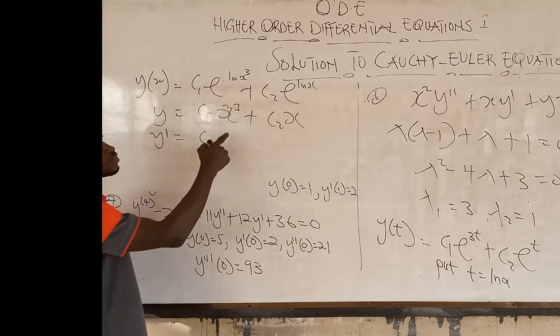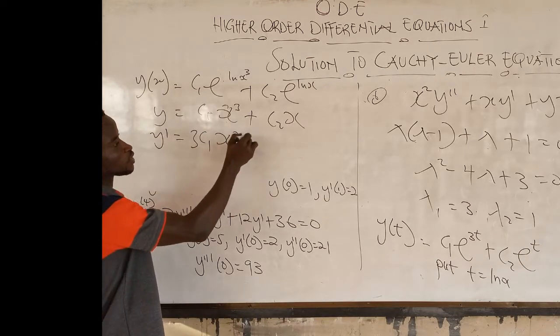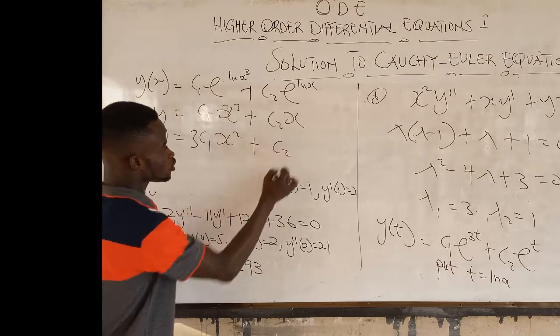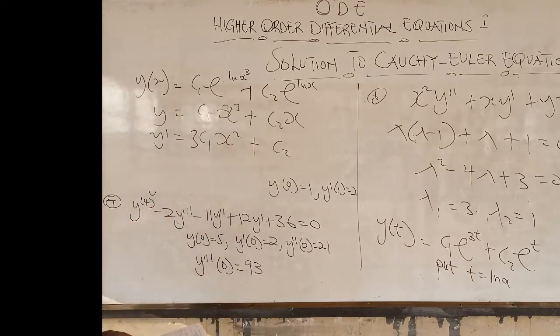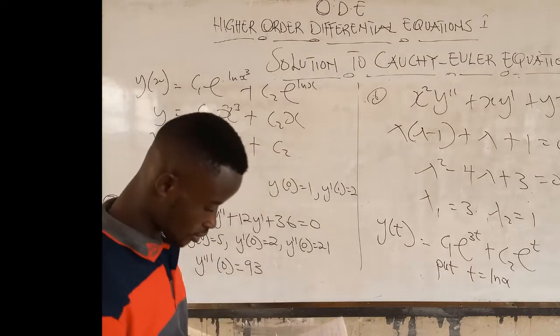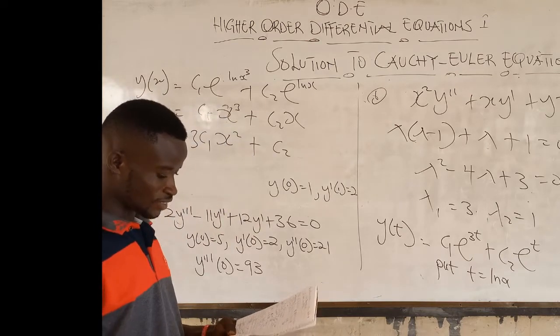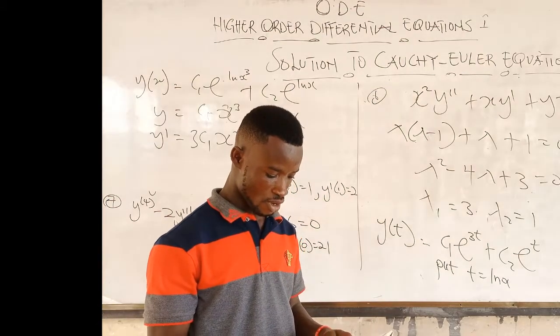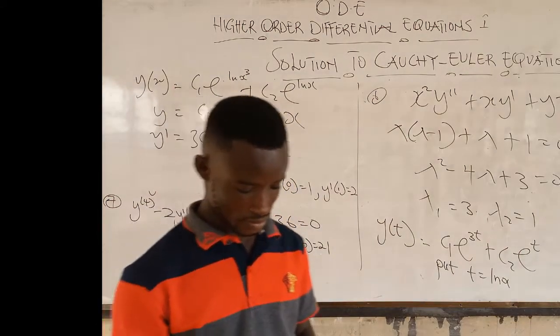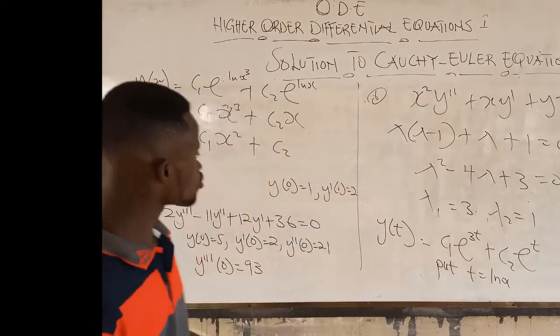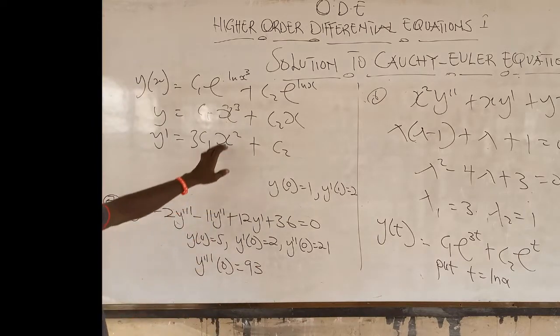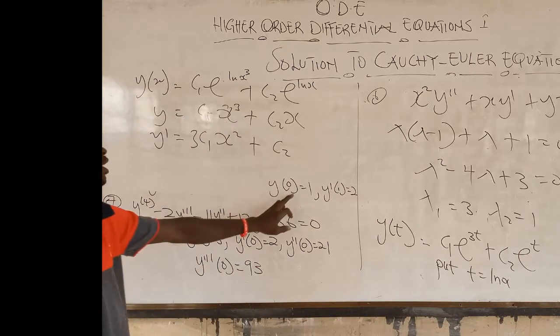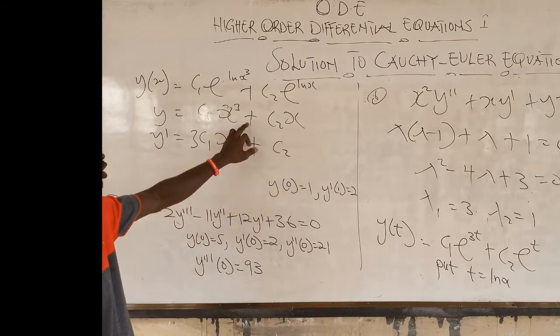So the first derivative, we are going to get 3s squared plus c2. Alright. That's what you're going to get for the first derivative. So we move on to go and do the substitution. So this means that we are replacing it in a function.